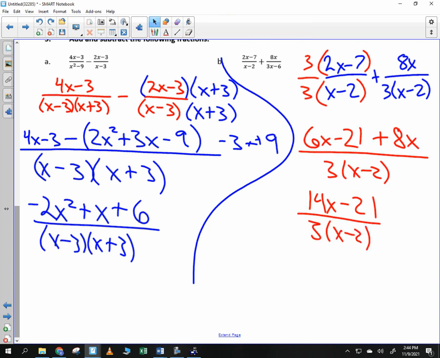That is the challenge of adding and subtracting rational expressions. Do you agree that that's a little bit more challenging than what we were doing yesterday? We were just simplifying. So adding and subtracting is usually a little bit more complicated, and then we get to solving rational equations. So a little bit involved.